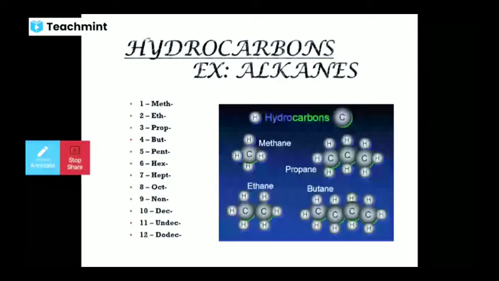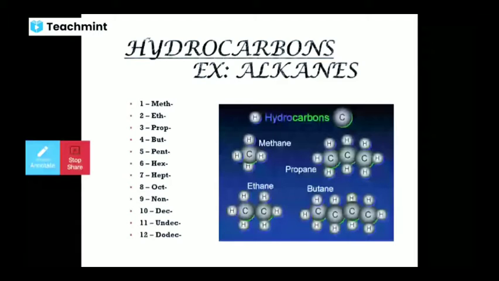Polymers are hydrocarbons. For example, we can take alkanes. The alkanes are methane, ethane, propane, butane, pentane, hexane, heptane, octane, nonane, decane, undecane, dodecane.